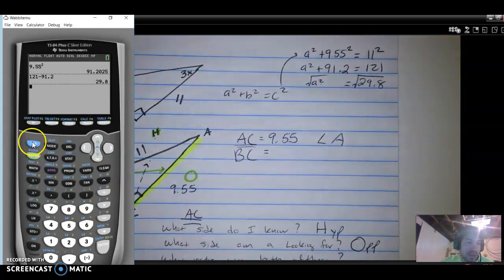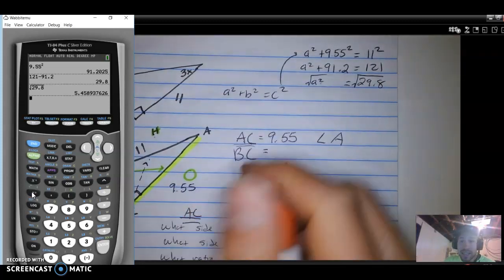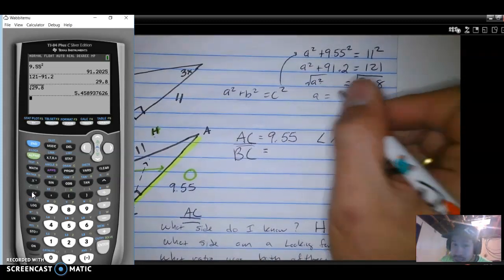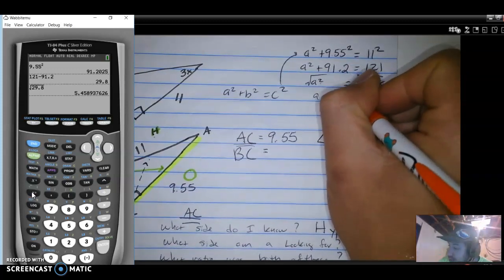Now the way we do that here, second, here's our purple thing, square root of 29.8. And that gives us our missing side, side A, is equal to 5.46.